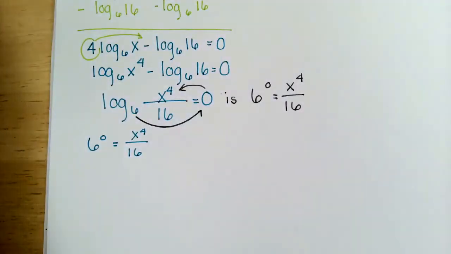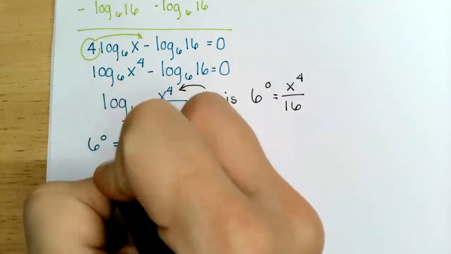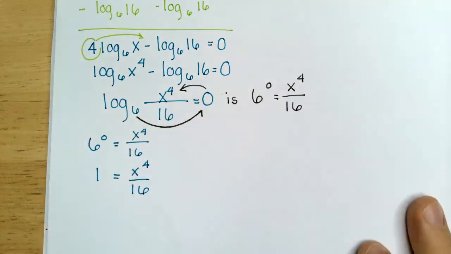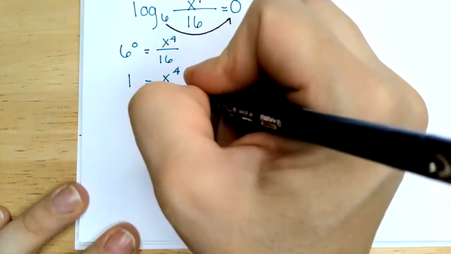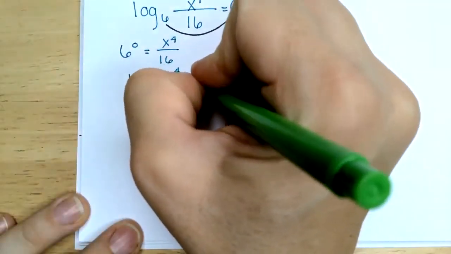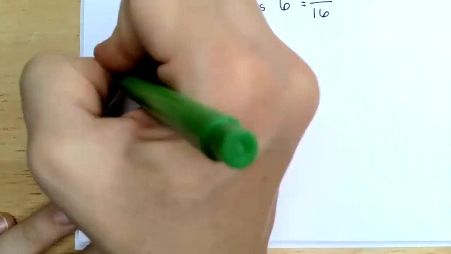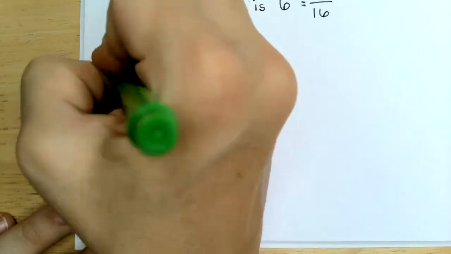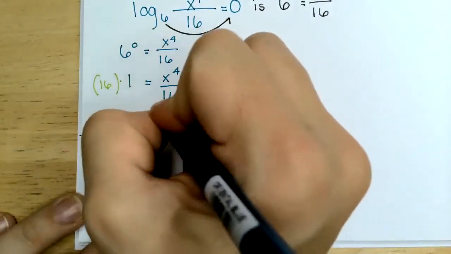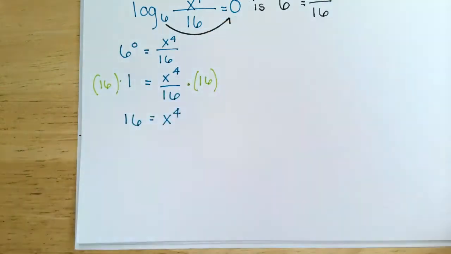So that becomes 1 is x to the 4th over 16. I'm going to take that 16 and multiply both sides by it. I'm going to get 16 equals x to the 4th.